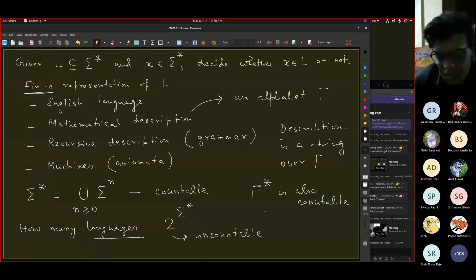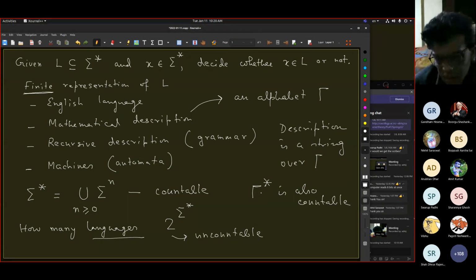Agree or not? So can you repeat the statement? Now, of course, if I have to go for finite representation, then I am talking only about countably many languages. Okay.